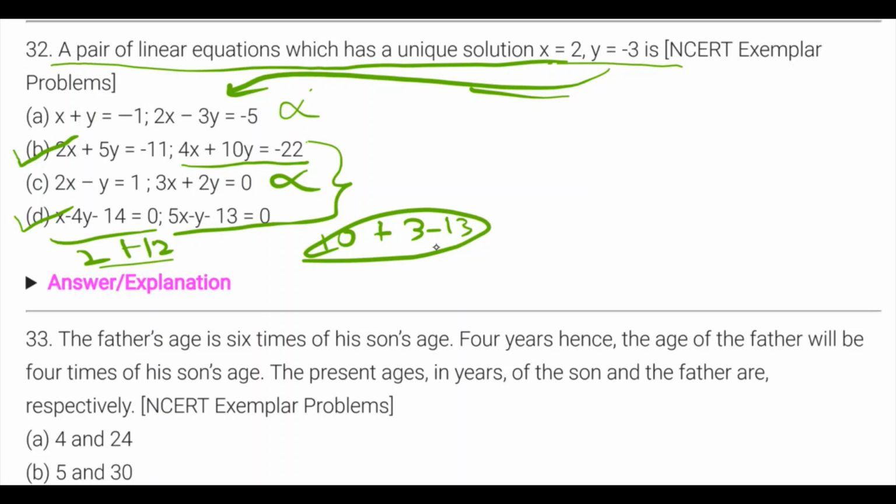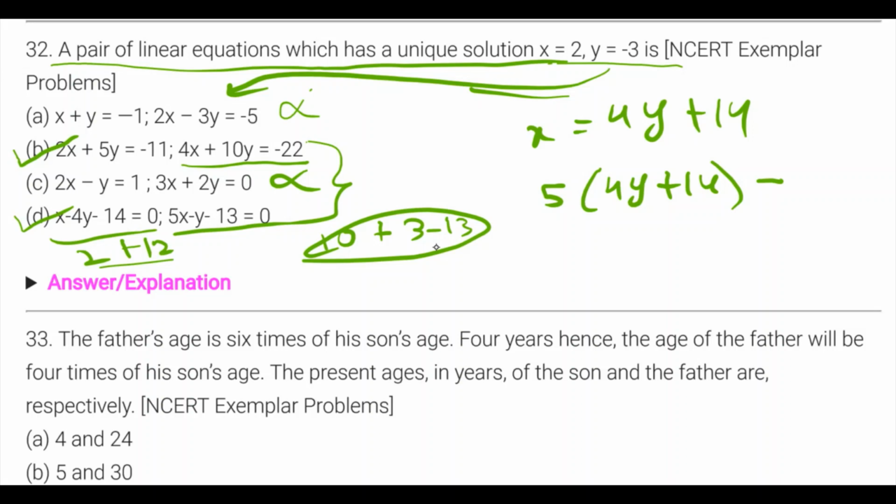If I solve D, x equals 4y plus 14. So 5 into x is 5 into 4y plus 14, minus y minus 13 equals 0. This is 20y plus 14 into 5 is 70, minus y minus 13 equals 0.